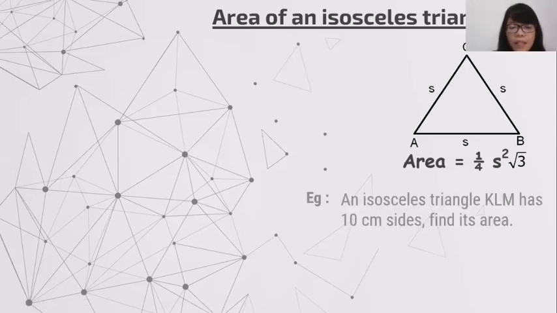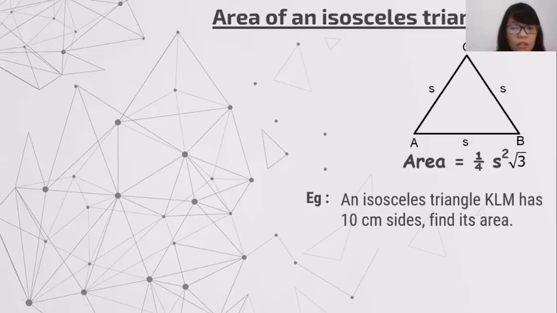So, example given. An isosceles triangle KLM has 10 centimeter sides. Find its area. So how to find its area? You just need to substitute s with 10 centimeter. So 1/4 times 100. Why is it 100? Because 10 squared, and then times root of 3.